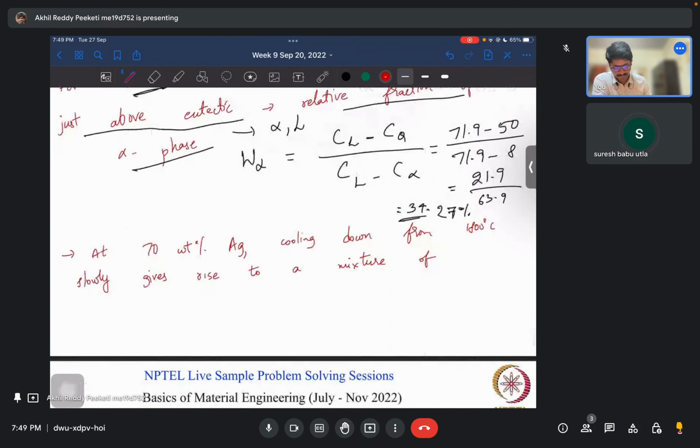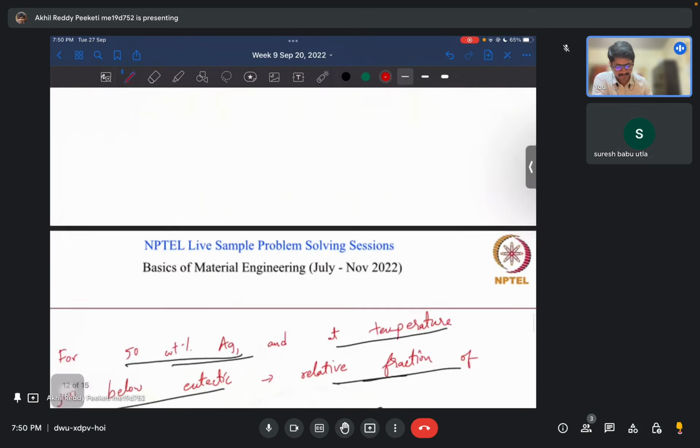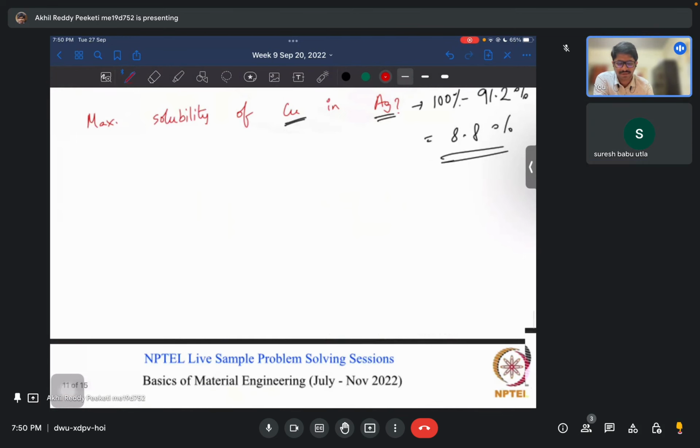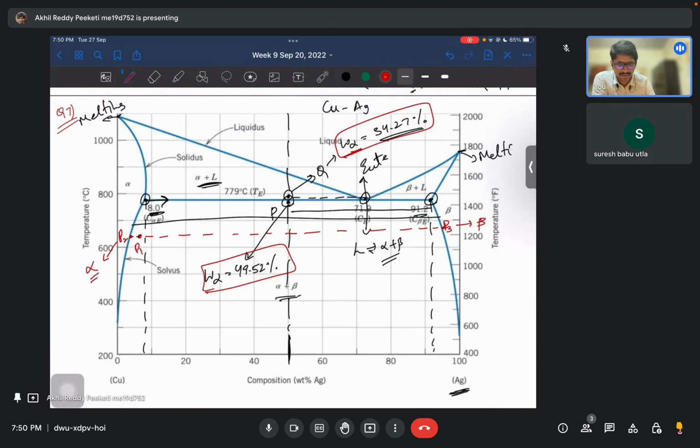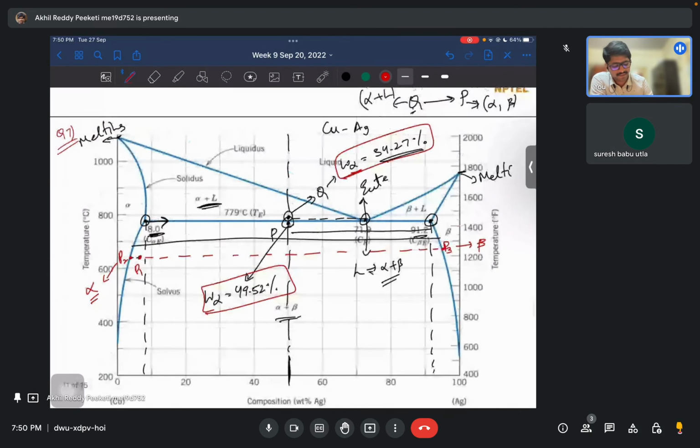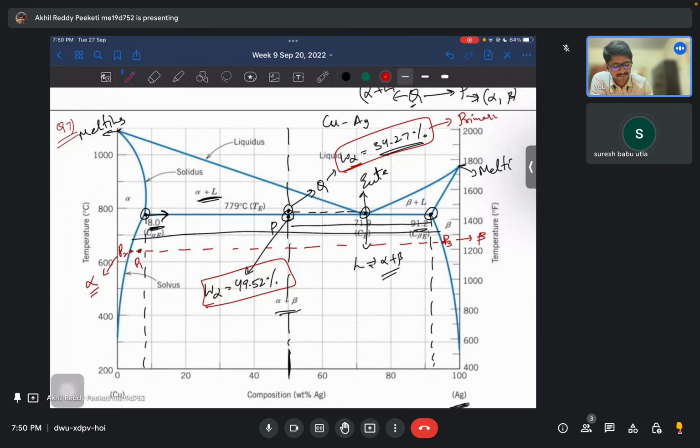Now, the next question is at 78%. Here there is one very important thing which we discussed in the earlier question. Whatever alpha is already there even before complete cooling is called primary alpha phase. So in the 49.52 percent of alpha at point P, 34.27% would be primary alpha.